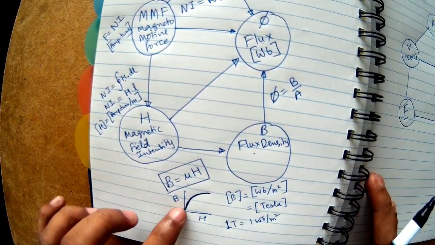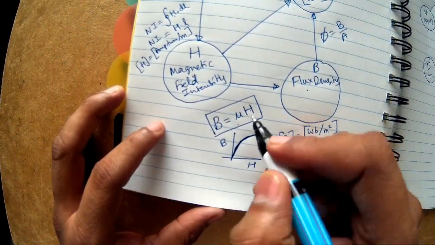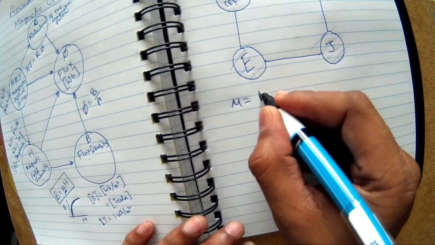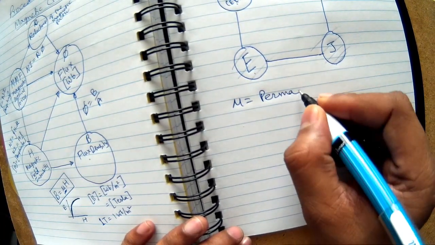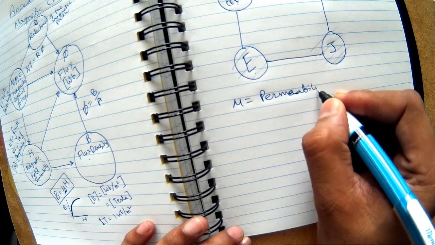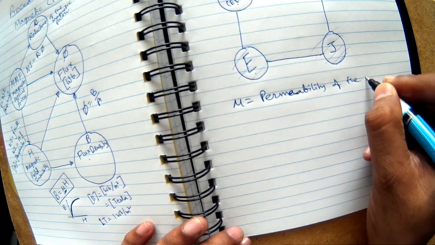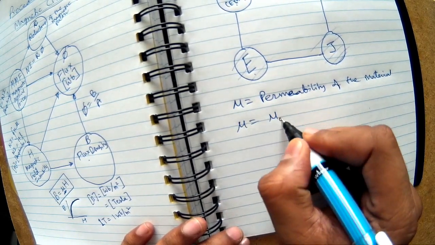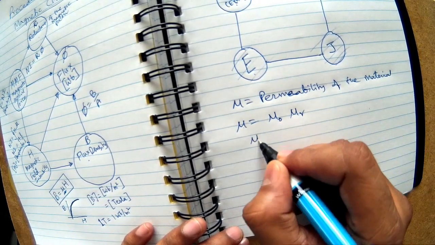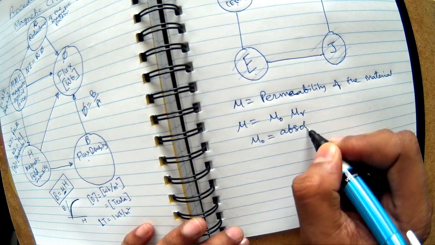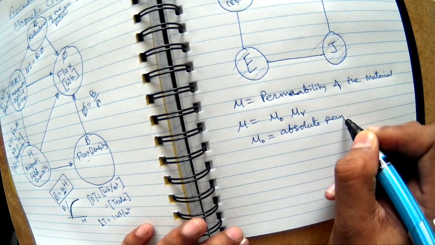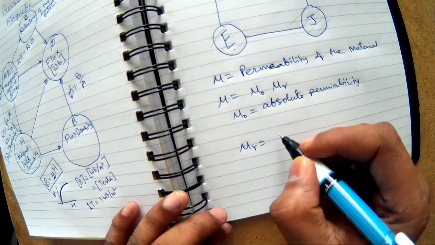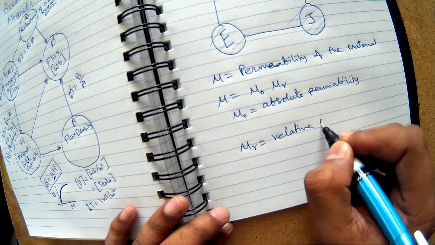Okay, so a little bit about this factor mu. This mu is nothing but the permeability of the material. Mu is nothing but mu naught into mu r, where mu naught is the absolute permeability and mu r is the relative permeability.